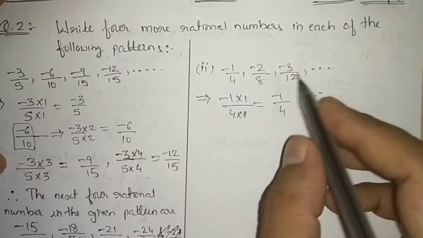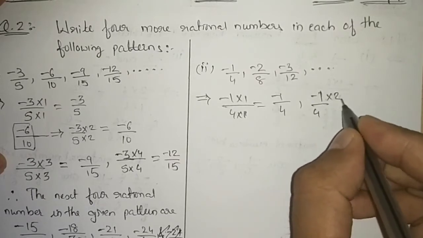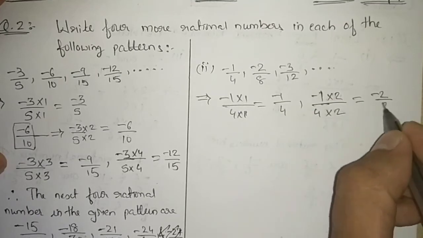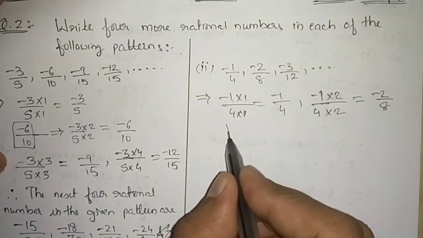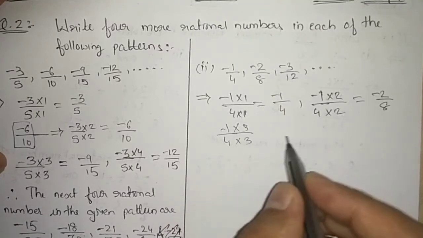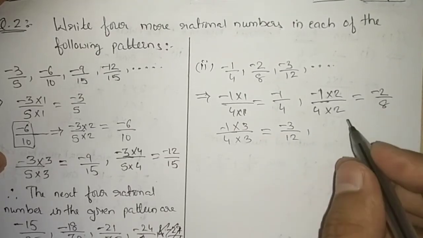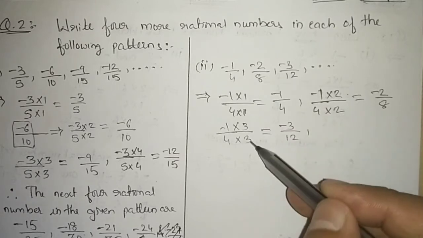Let us see if we have got it multiplied by 2. Minus 1 divided by 4, if I multiply it by 2, I got minus 2 divided by 8. Yes, it is right. Let us follow the same pattern. Minus 1 by 4, if I multiply it by 3 numerator and denominator, I will get minus 3 by 12. Same way, so we have got 1, 2, 3.